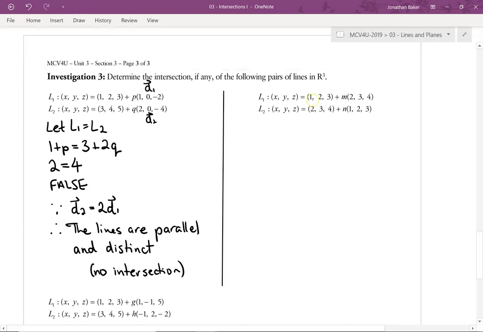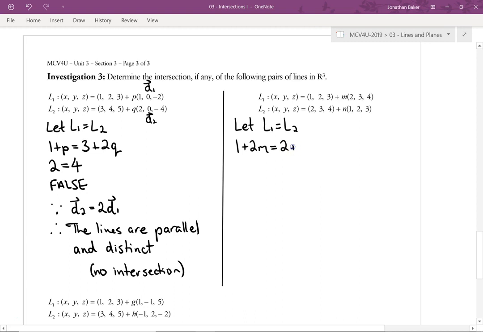Okay, so for the next one, we're going to have the same thing going on. We'll let L1 equal L2. Let's see what we get. So we'll start with our x's. So 1 plus 2m is equal to, in this case, 2 plus n.